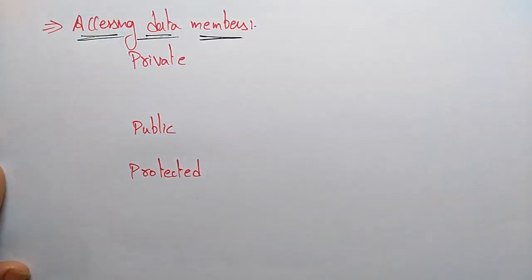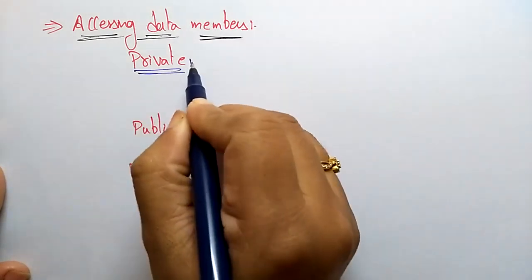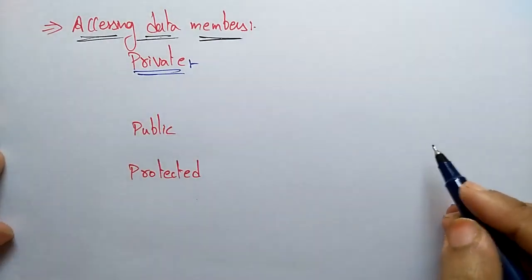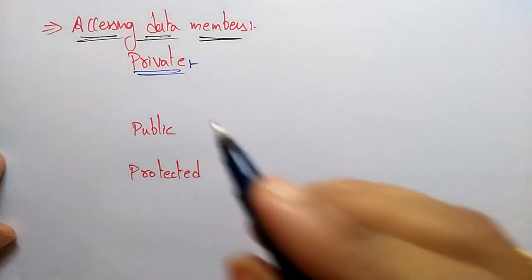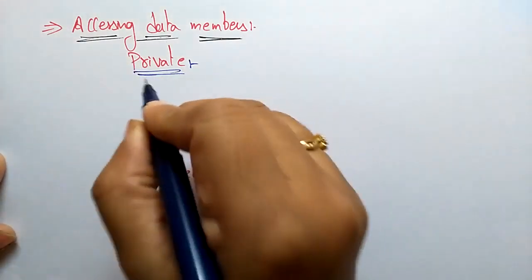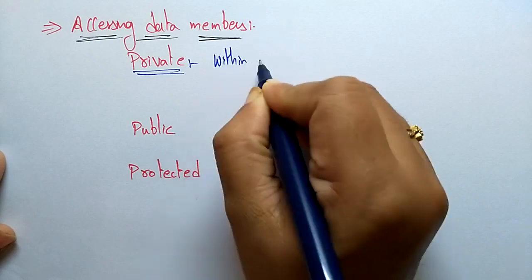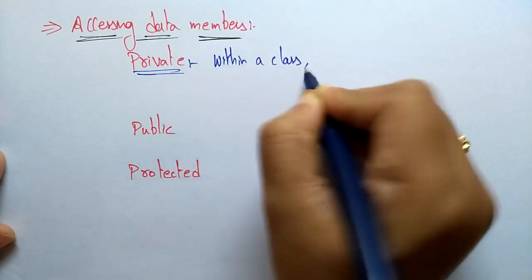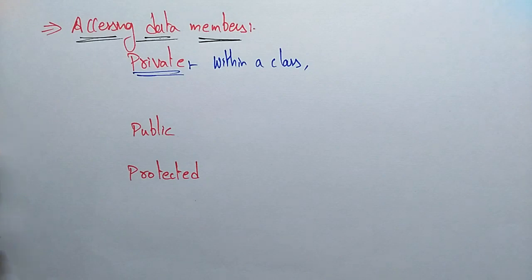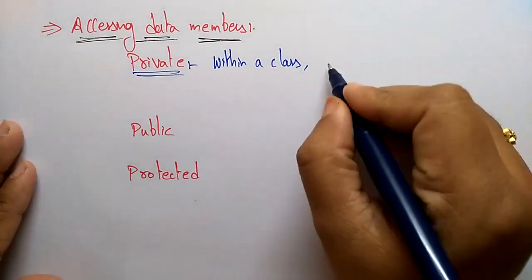Suppose your access specifier is private, which means it is present within a class. First, note that private members are present within a class. Next, only members of the same class can have accessibility.